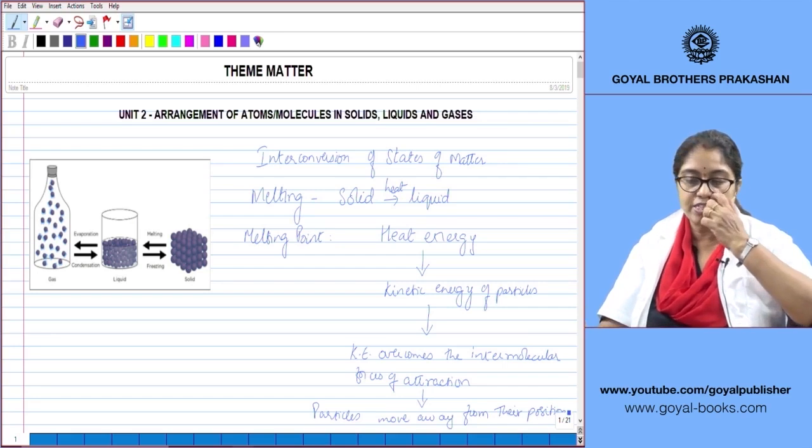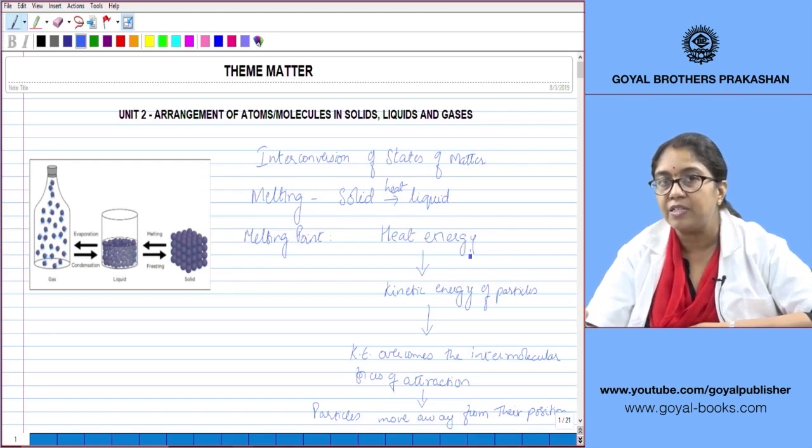So, I repeat, when you supply heat energy to a solid, this heat energy is converted to kinetic energy, and the particles begin to vibrate more vigorously because of this gained kinetic energy. At a point known as the melting point, the kinetic energy is strong enough to overcome the intermolecular forces of attraction.